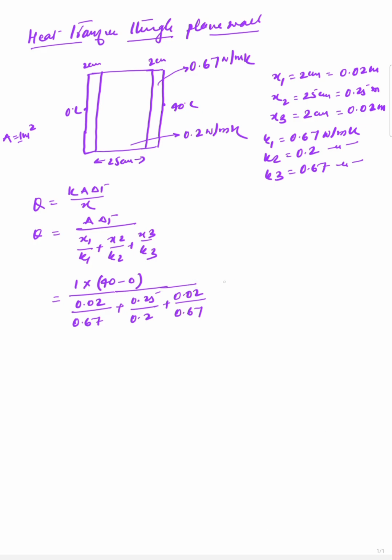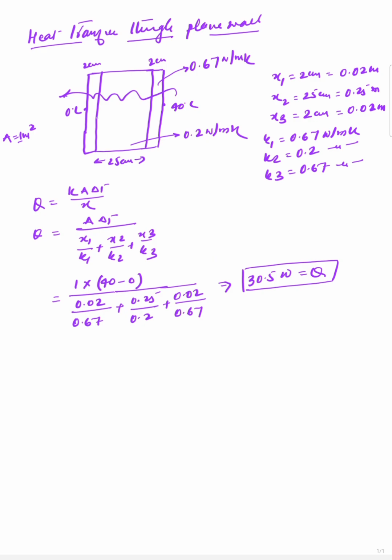So we'll solve this one. We'll get 30.5 watt. This is the value of Q. This much amount of heat will transfer if the inside and outside temperatures are 0 and 40 degrees centigrade.